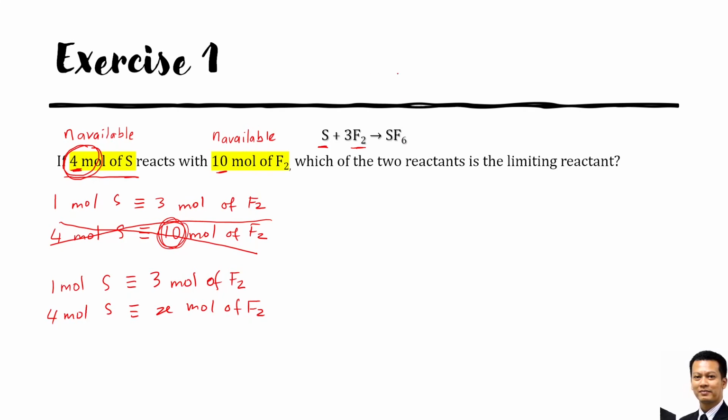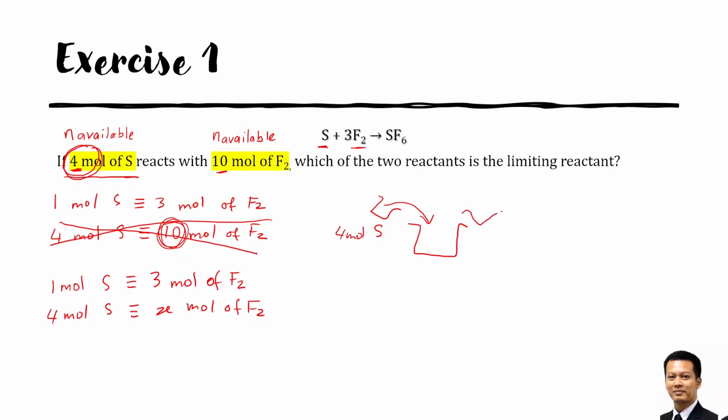Okay, if I draw, it means that if you have a beaker, you put sulfur 4 mole and you put F2 that is 10 mole. So we want to know which one is the limiting reactant.